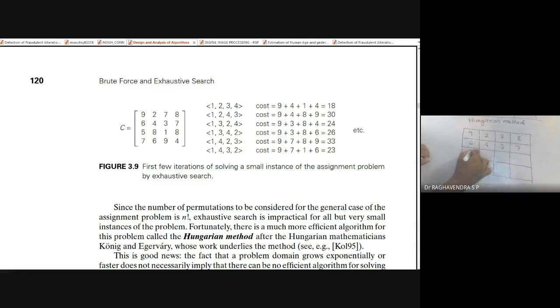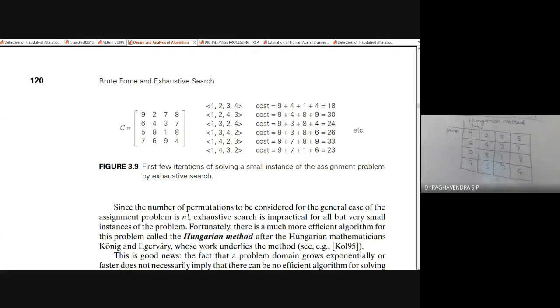And we have 5, 8, 1, 8, and 7, 6, 9, 4. So if you consider this, the rows are called persons, and the columns are called jobs.